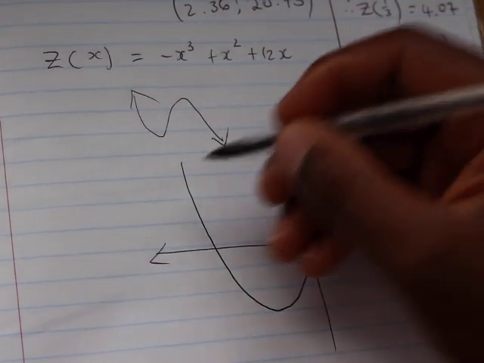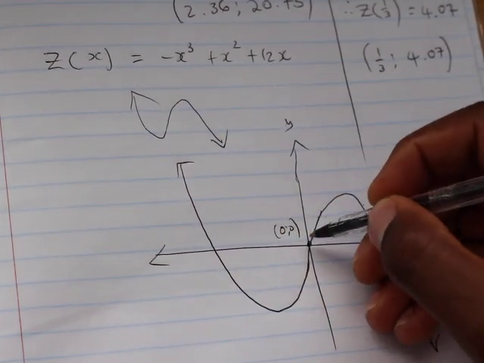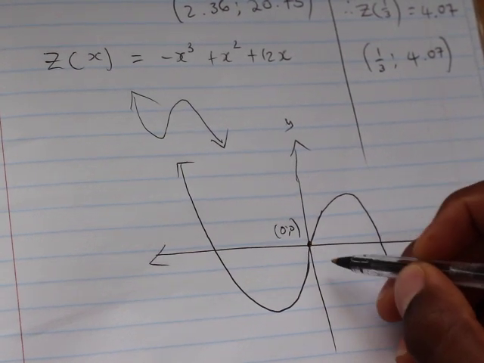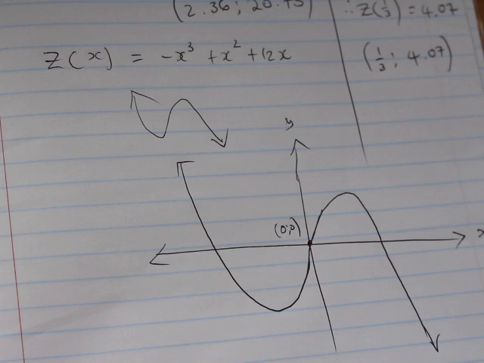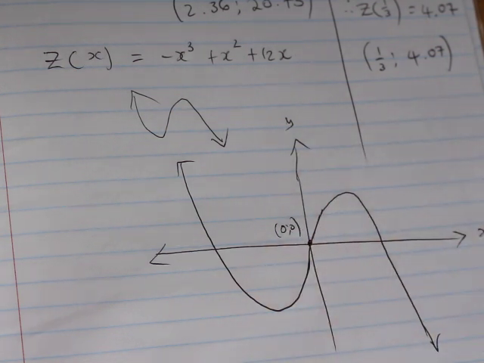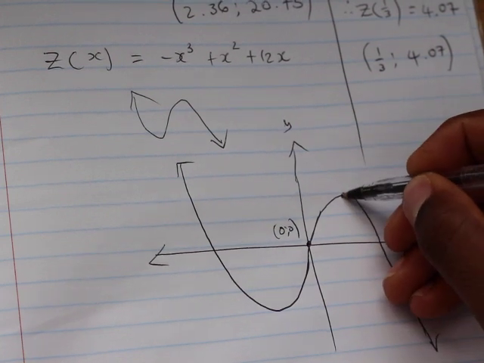That's the situation that we have. And this is 0 is to 0, where the graph cuts the x and y axis. So that is the y-intercept, and it's also the x-intercept. Yeah, they coincide.